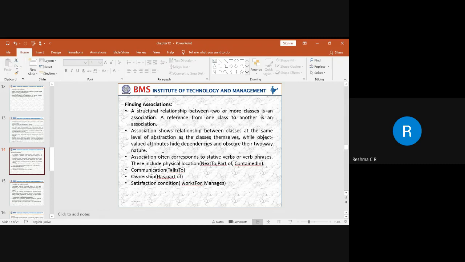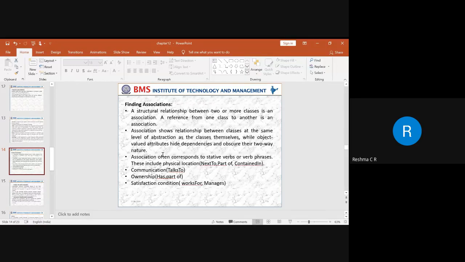So next thing is we need to identify the association. When we want to find an association, we need to give a structural relationship between two or more classes. How do we create an association between two or more classes? By having a reference from one class to another class using the association.